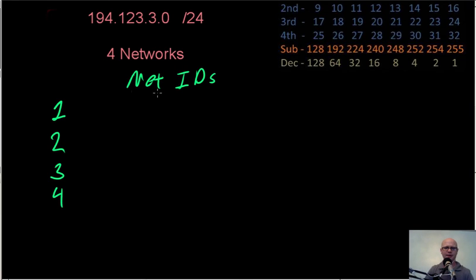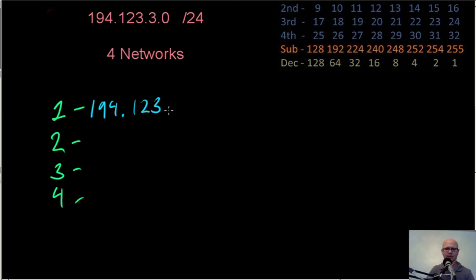All right, so we need to find out the 4 net IDs. And if you were watching before, what did I say the first network is always? The net ID for the first network is the starting net ID, or 194.123.3.0.